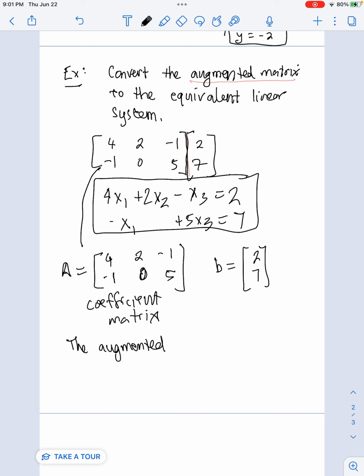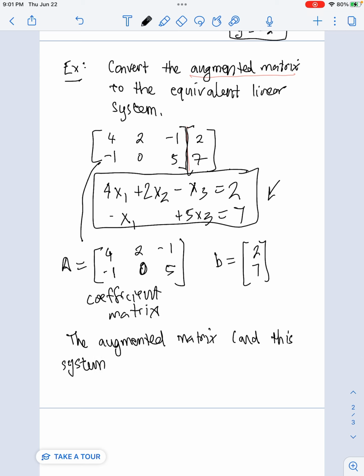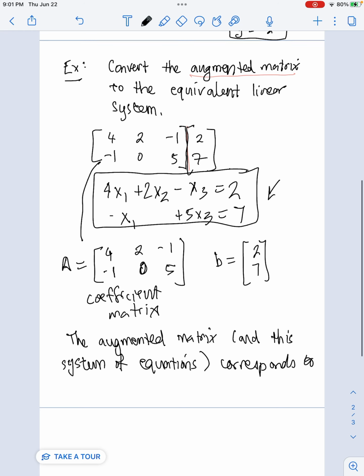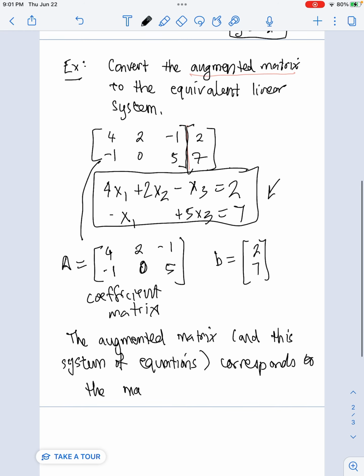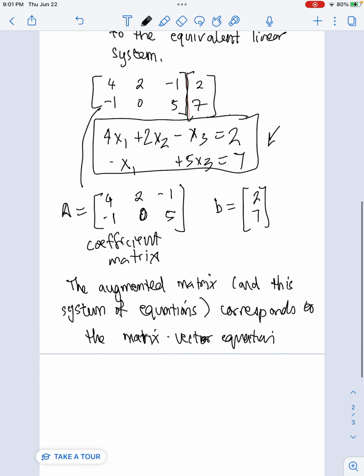The augmented matrix and the system of equations, this system of equations that we just wrote, corresponds to the matrix vector equation AX equals B.